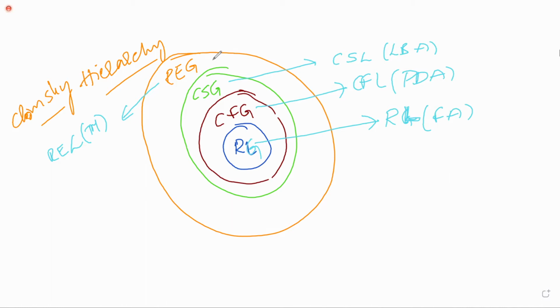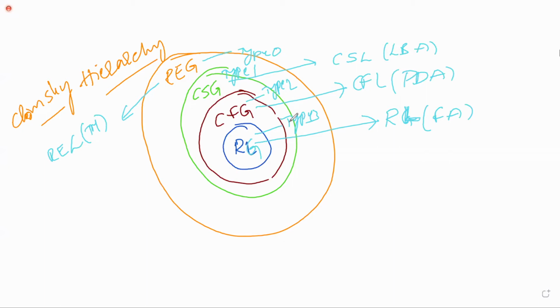Recursive enumerable grammar is type 0 grammar, context-sensitive grammar is type 1, context-free grammar is type 2, and regular grammar is type 3. If they ask to explain type 0 grammar, then you have to write recursive enumerable grammar.